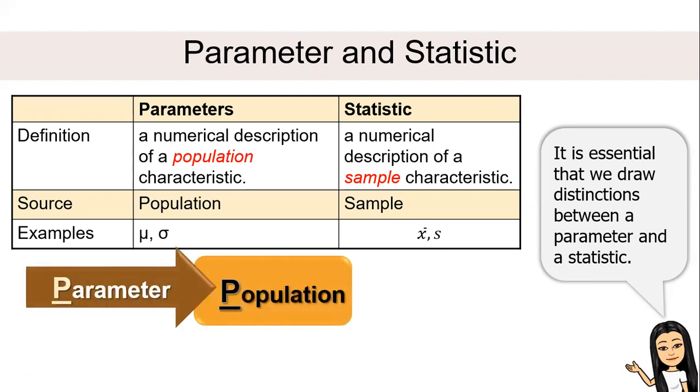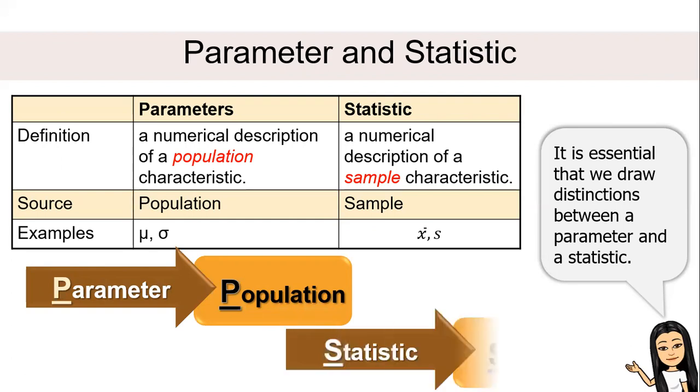And so that you won't get confused, always remember that they begin with the same letter. Parameter, population. They both begin with P. And we have statistic, sample. They both begin with S. This is to show that parameters are taken from a population, whereas a statistic is taken from a sample.